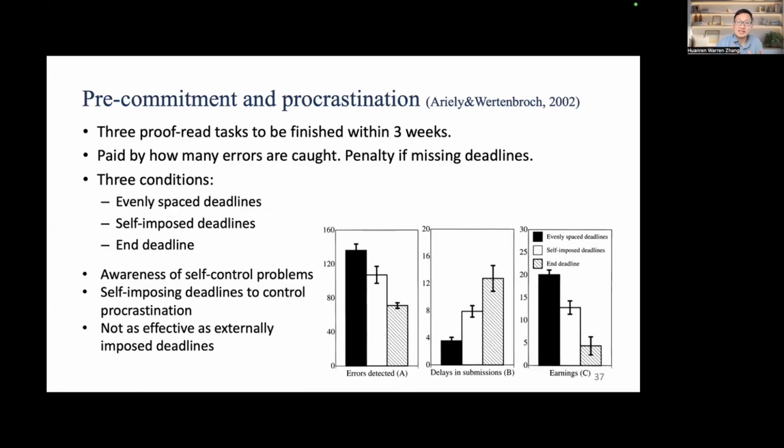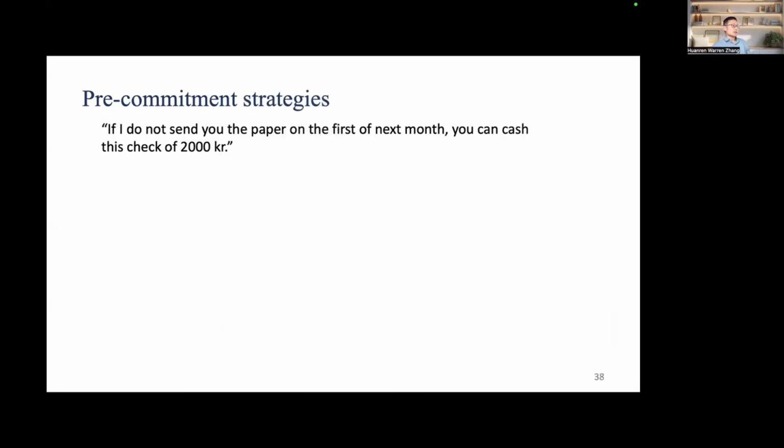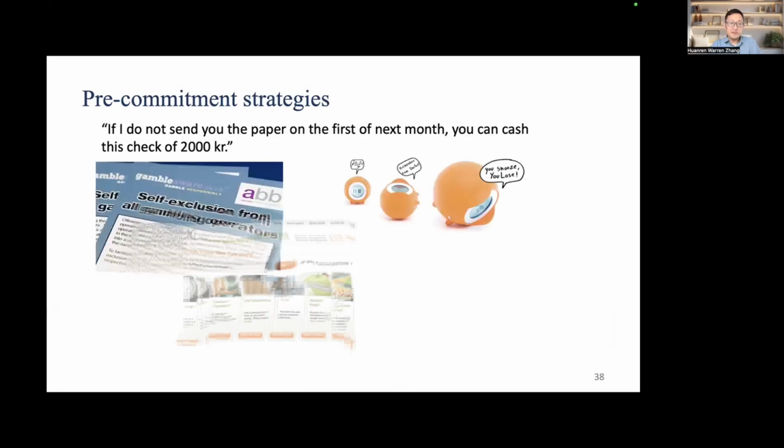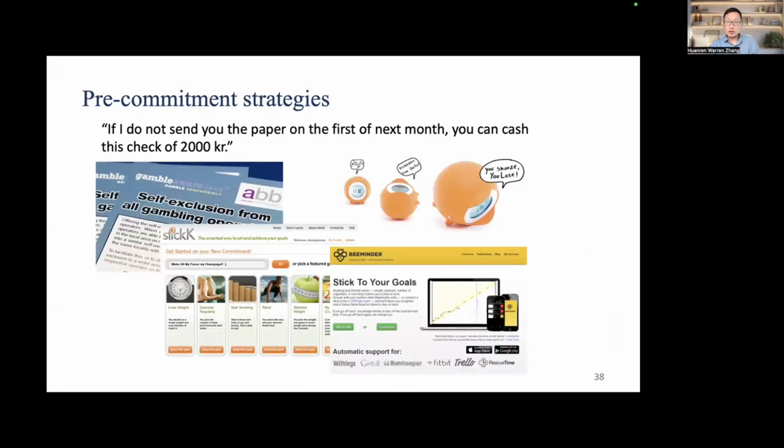But people decide to give up some of the flexibility in order to solve their procrastination and self-control problem. So this is telling us that it's important to have a plan and a deadline, even if it's self-imposed.